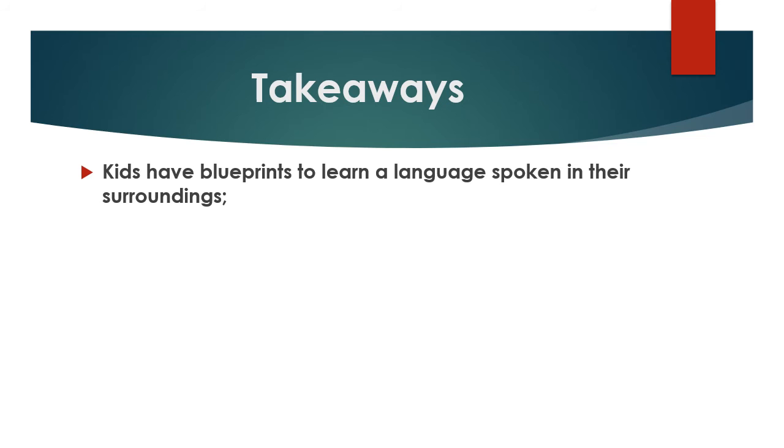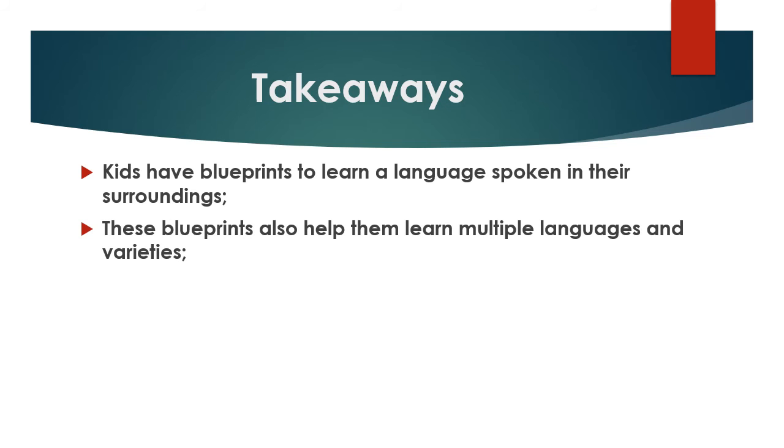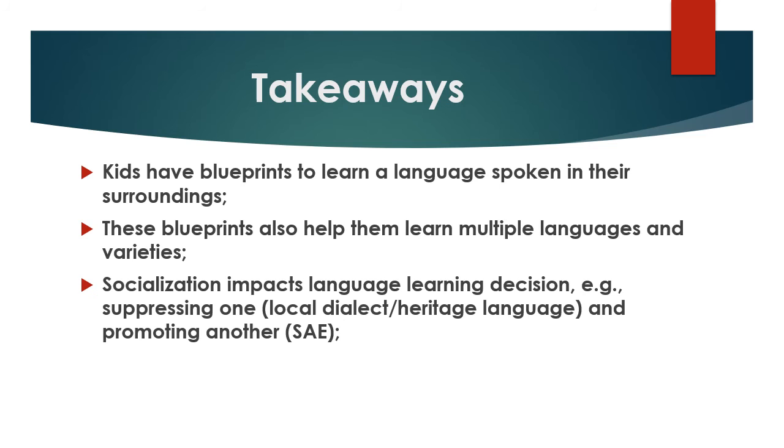So the first thing Lippi-Green talks about in that sound house analogy is that kids have blueprints to learn a language spoken in their surroundings. So it helps them learn multiple languages and varieties, really. So if you have a family speaking more than one language, you will grow up speaking both.